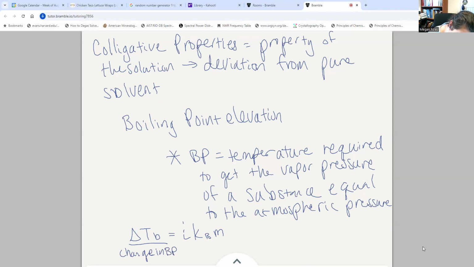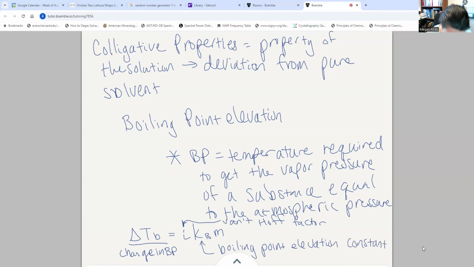This i is our Van't Hoff factor. This KB is the boiling point elevation constant, so it's going to be specific to a specific solvent.